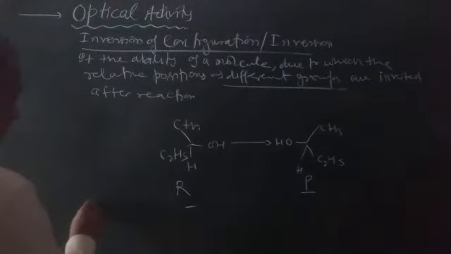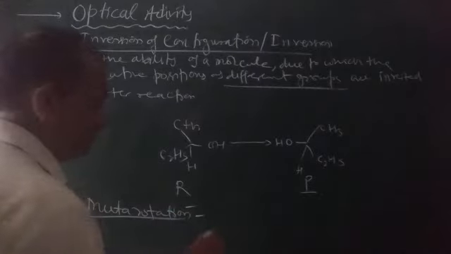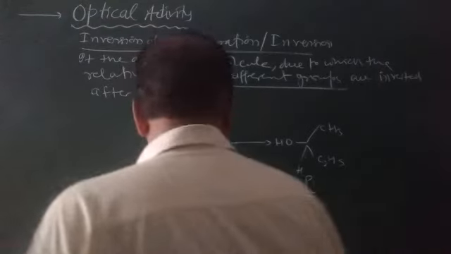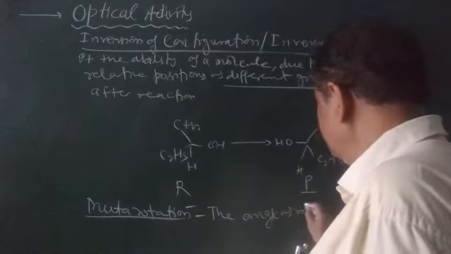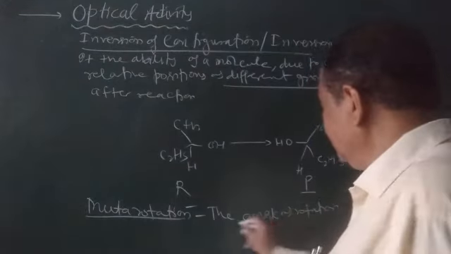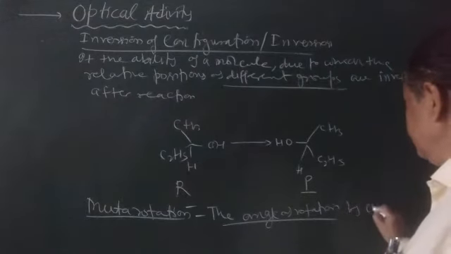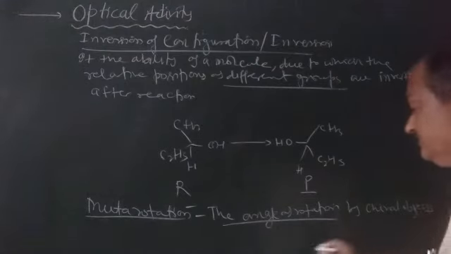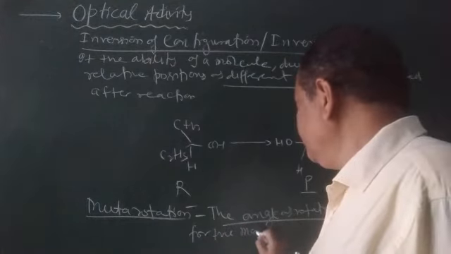And the next point is mutarotation. Mutarotation is the angle of rotation by chiral objects for monochromatic light.